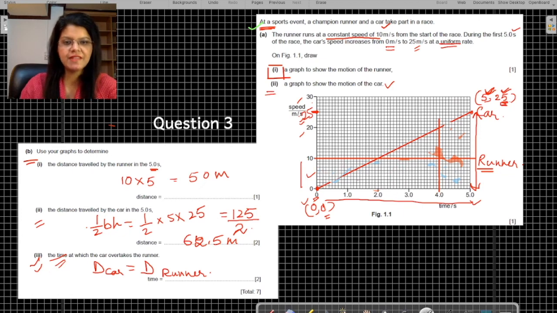Alright, now let us have a look. The area under this curve for the car now looks like it is equal to the area for the runner. Compare the two areas.